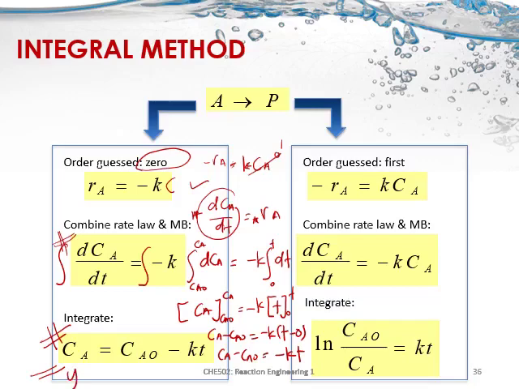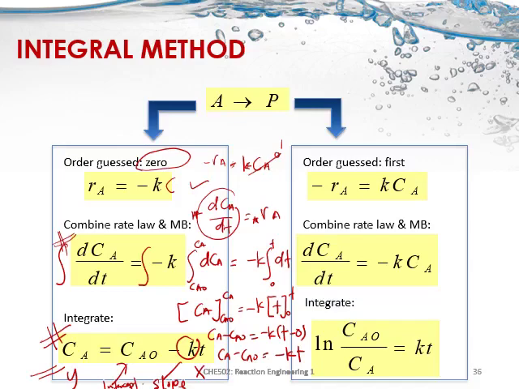So the available data for batch system, obviously the concentration and the time. So T will be your x. K will be your slope. CA naught will be your intercept. The same concept you are going to apply for the rest of assumed order.